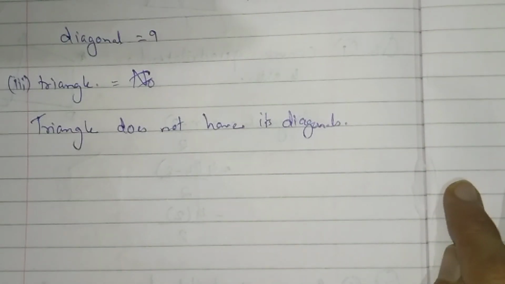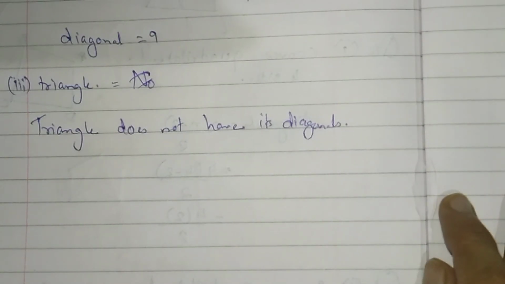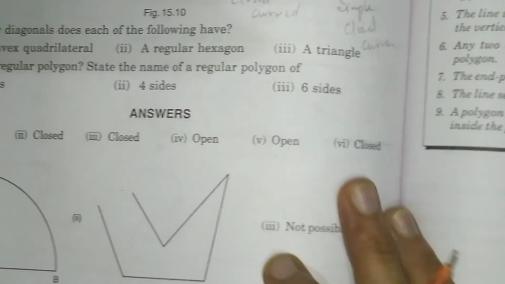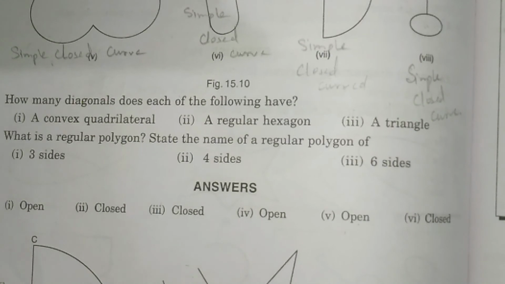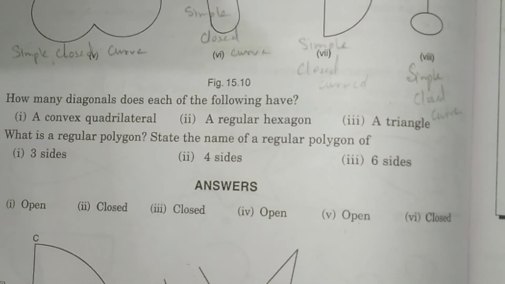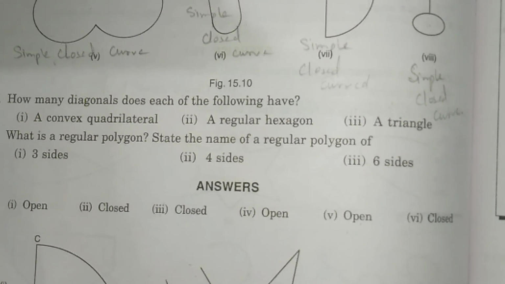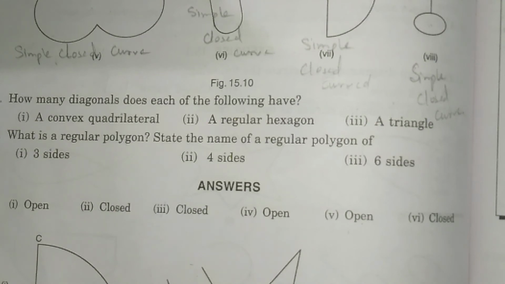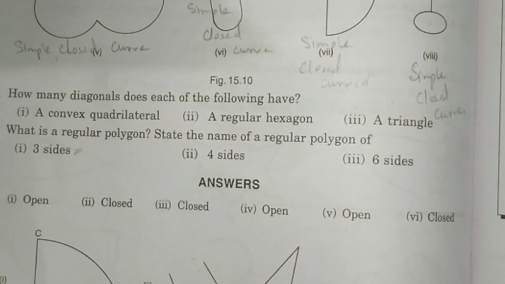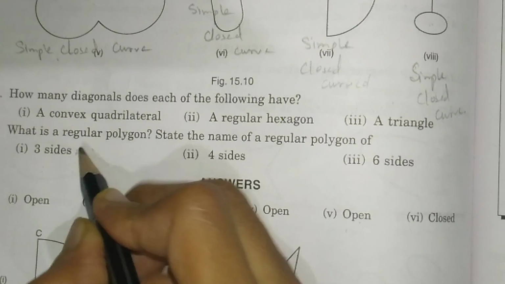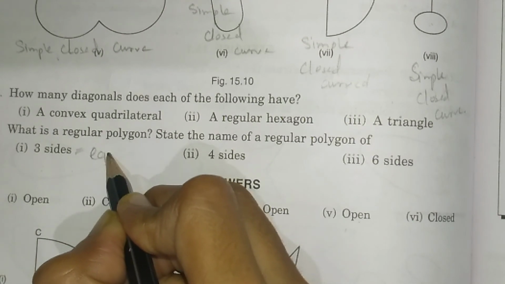Okay, now we'll start question number 7, that is, what is a regular polygon? State the name of a regular polygon. Now what is a regular polygon? If all sides and all angles are equal, then it is called a regular polygon. Now which has three sides? Three equal sides means an equilateral triangle.